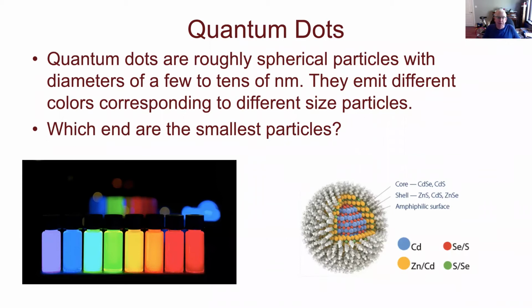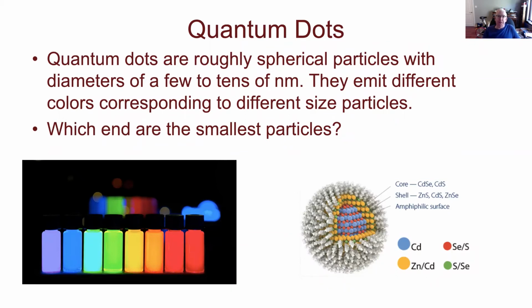Here we've got the particles where we're looking at light being absorbed or emitted from them. I'm not sure which way this picture is actually set up, but I've got red ones on one end and purple ones on the other. The question is which end corresponds to the smallest particles, right? To think about this, we could view this in terms of what we just did.